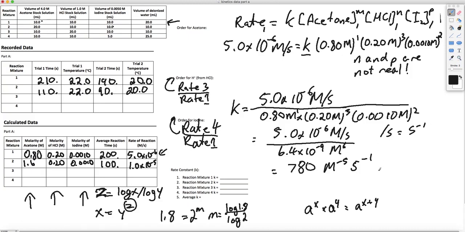And the way that I get the molar to the negative 5 is by going molar to the 1 divided by molar to the 6th is equal to molar to the 1 minus 6. So it's very similar to what we're doing over here, except with division, it's going to be subtraction and not addition. So that's how I end up with molar to the negative 5 seconds to the negative 1 as my unit for K.